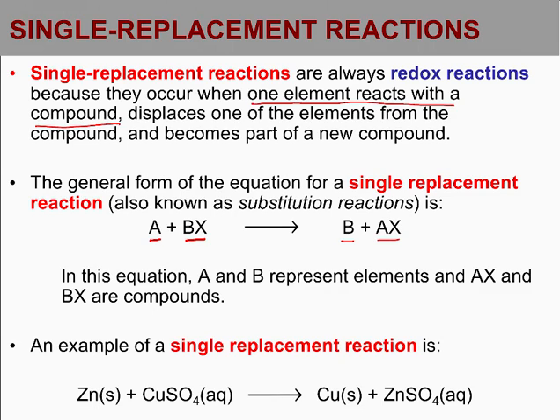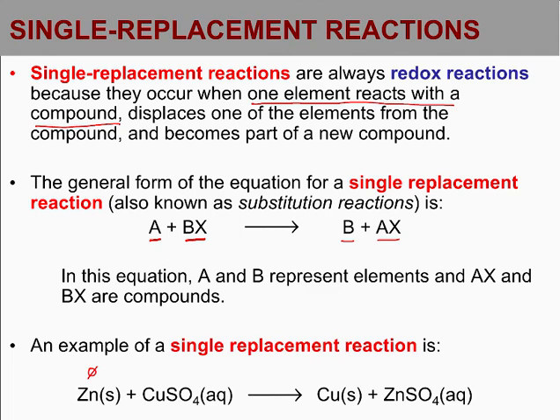So one example of a single replacement reaction is pure zinc reacting with copper sulfate to produce copper and zinc sulfate. And remember, these are always redox reactions. So if we just focus on zinc and copper, zinc starts out as a pure element, so it has an oxidation number of 0.